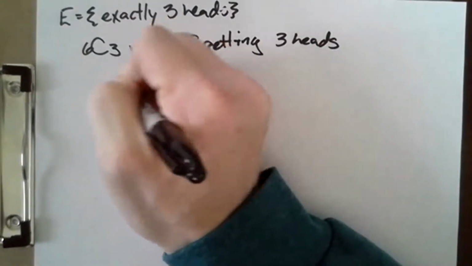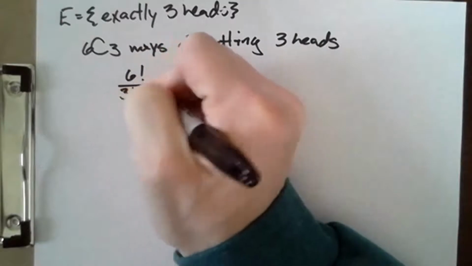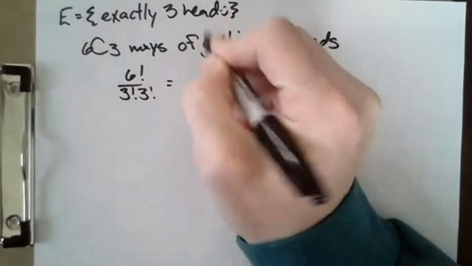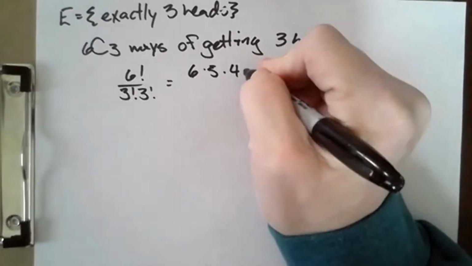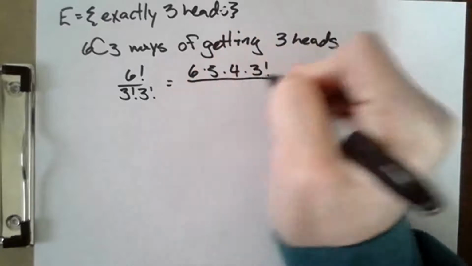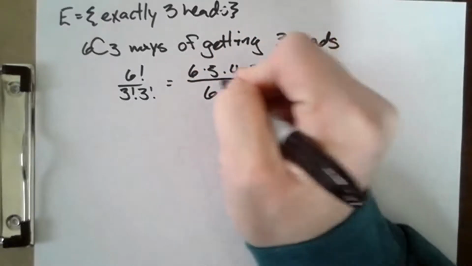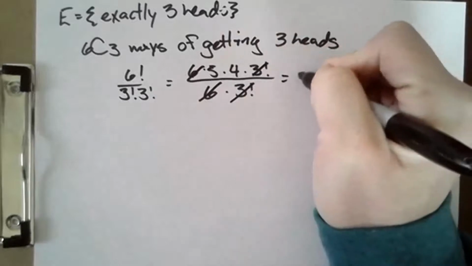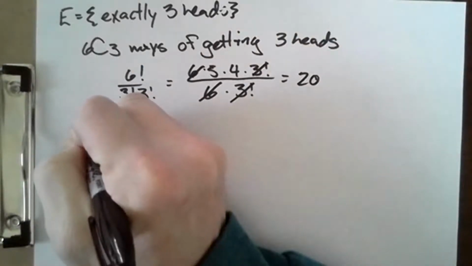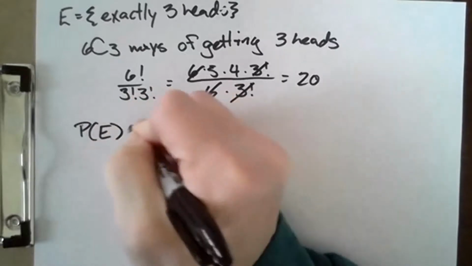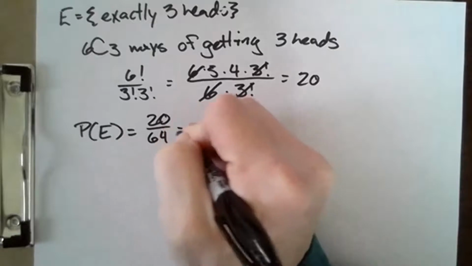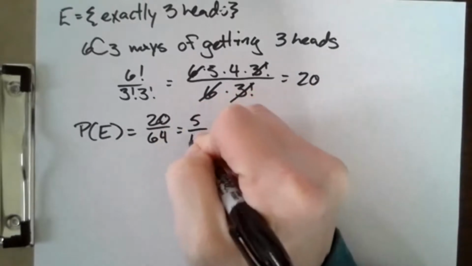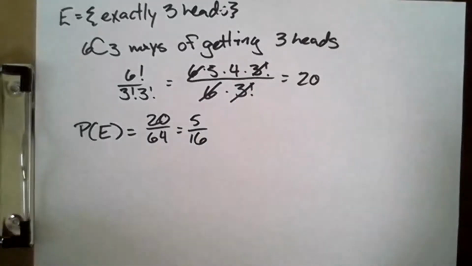So that's 6 factorial over 3 factorial times 3 factorial, which is 6 times 5 times 4 times 3 factorial over 6 times 3 factorial, which is 20. So the probability is 20 over 64, which is 5 over 16 when we reduce that to lowest terms.